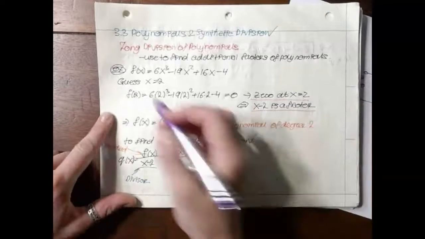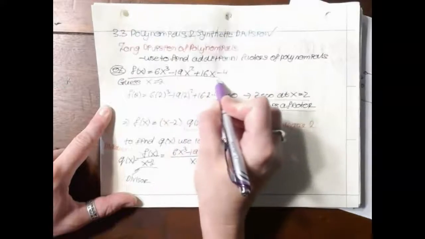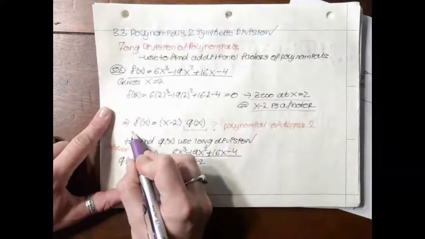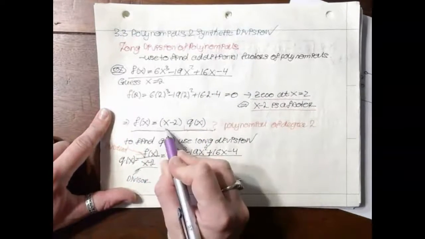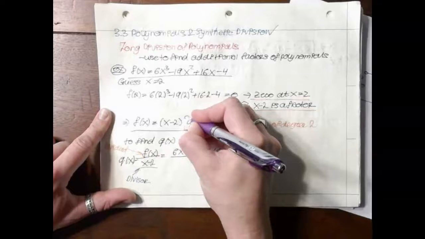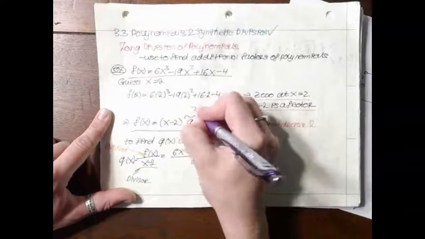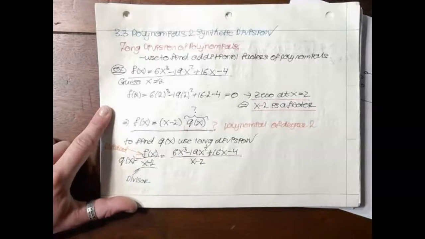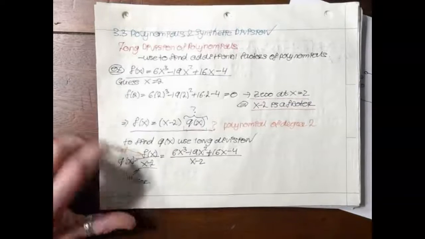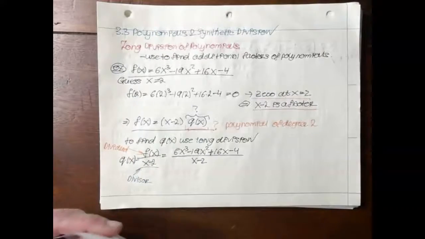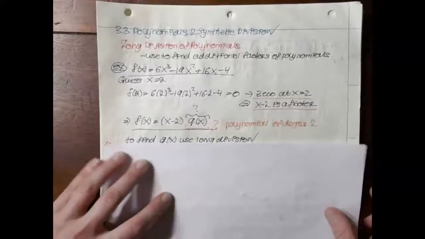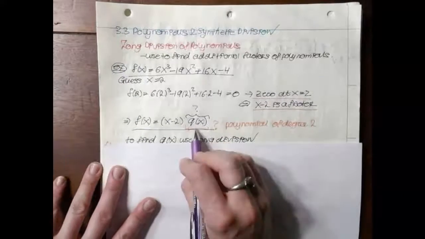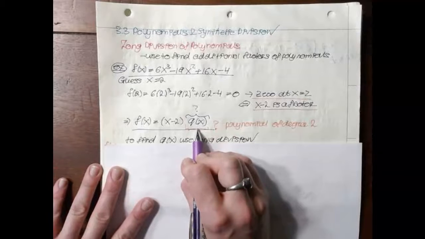So what does this mean? Well, this means that this particular function f of x, I can also write as f of x equals x minus 2 multiplied by some unknown polynomial, which would also consist of some factors, but I don't really know what those factors are yet. And how do we find these factors? If I have f of x equals something multiplied by something else, how do I solve for this something else?